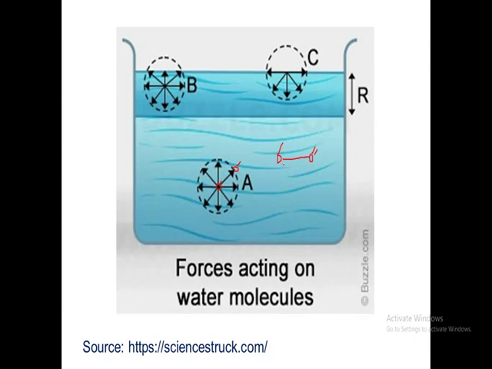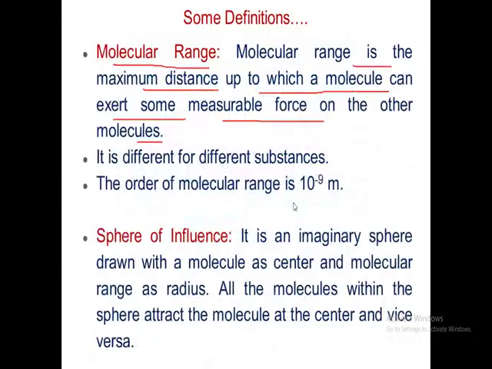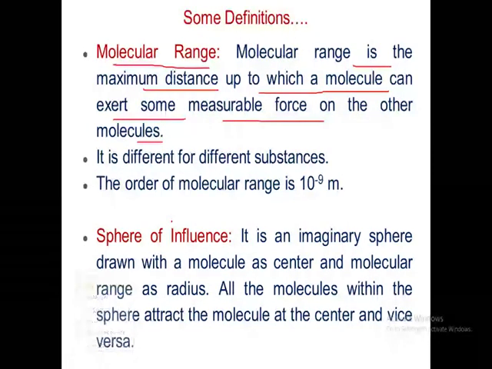That particular distance where one molecule can exert some kind of attraction force on the other molecule, we call it molecular range. This molecular range is different for different substances, and it is of the order of 10 raised to minus 9 meter.